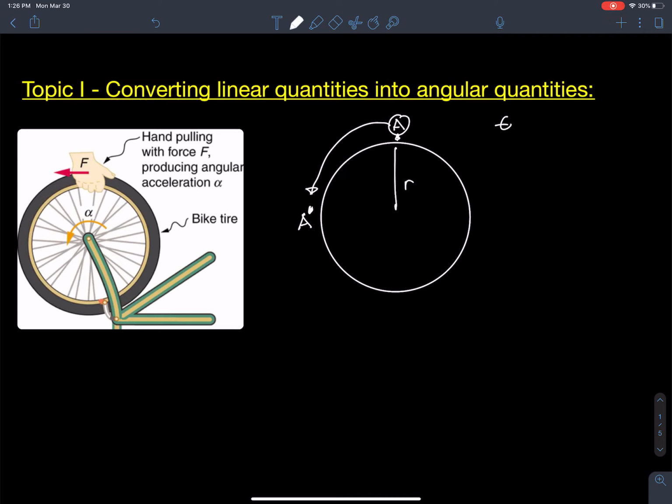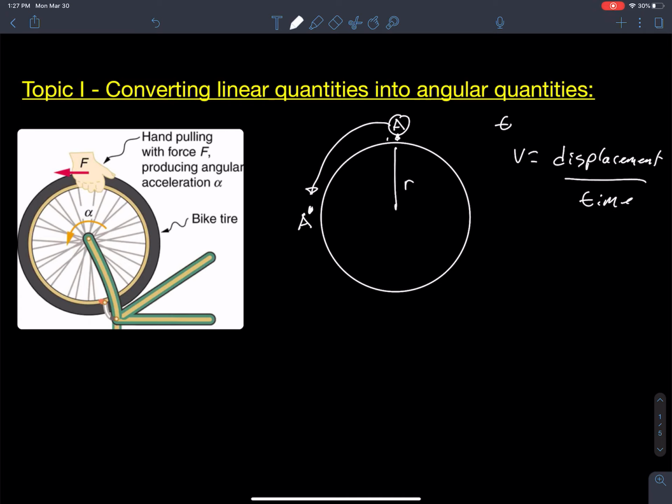I'd be able to calculate the velocity by looking at the displacement over time.